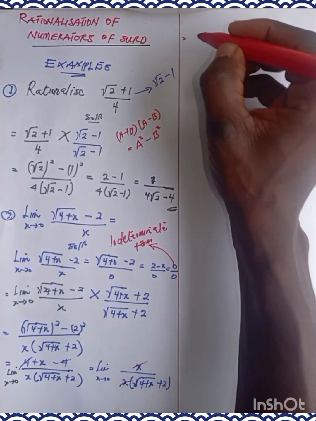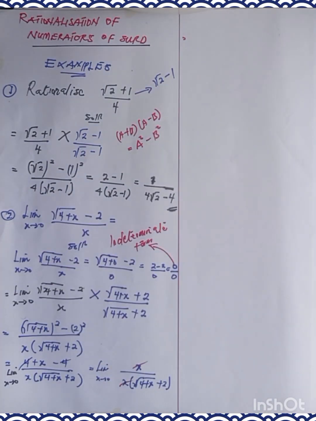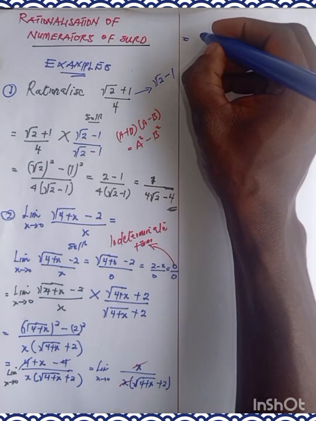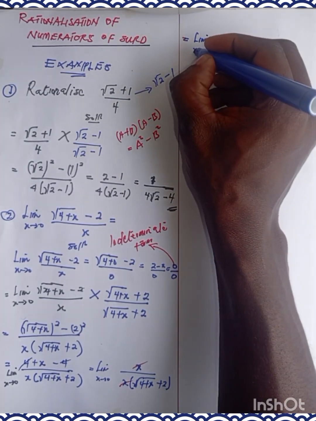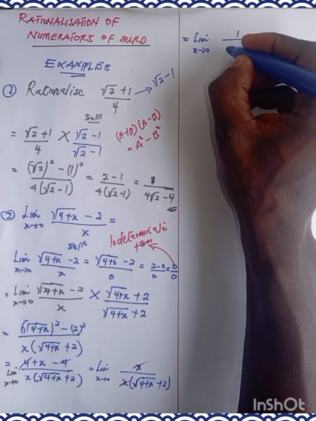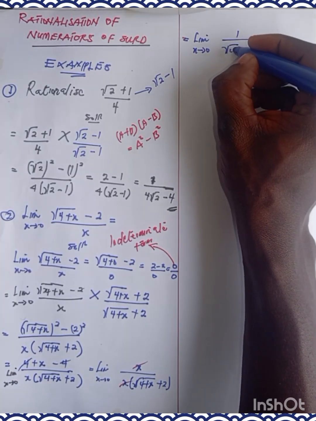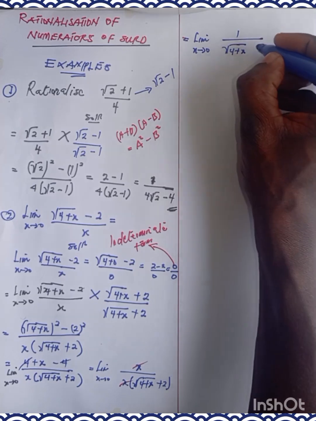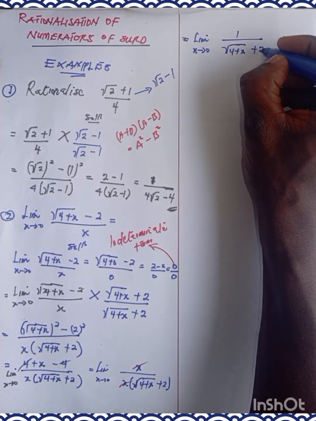So let's continue from here. We have the limit as x approaches 0 of 1 all over root of 4 plus x plus what? 2.